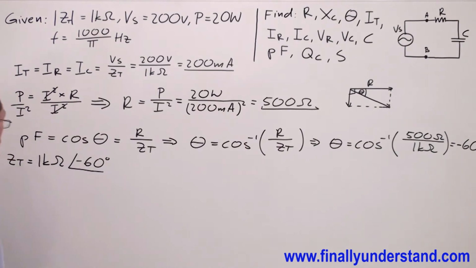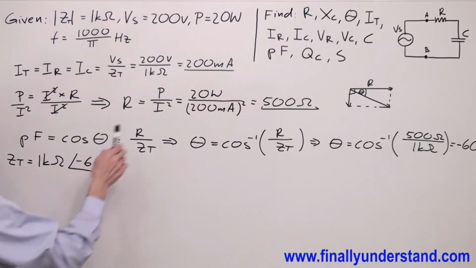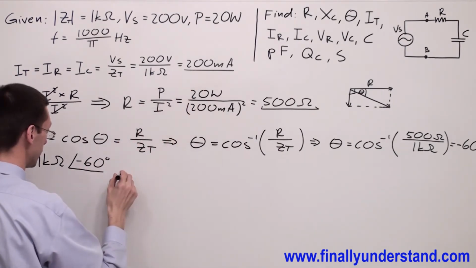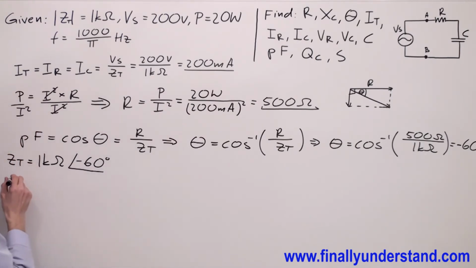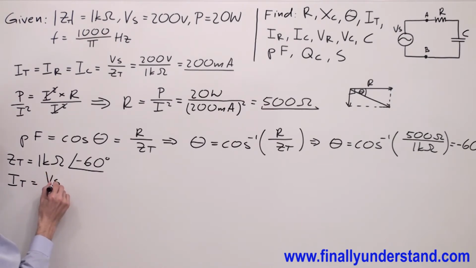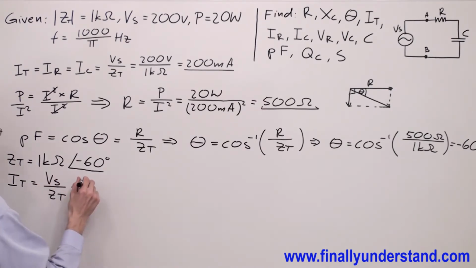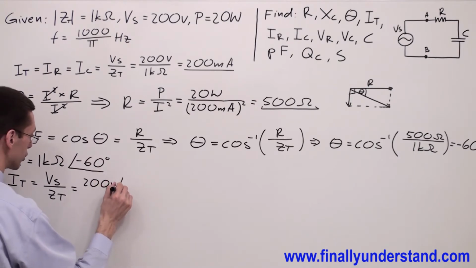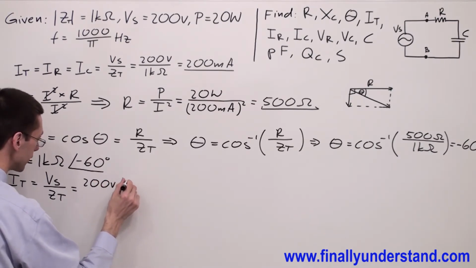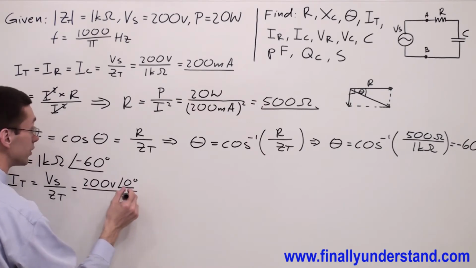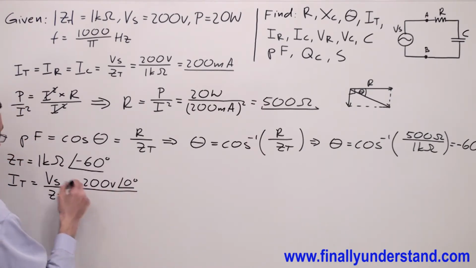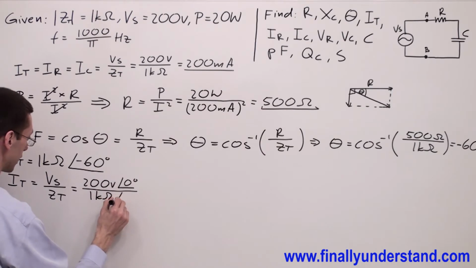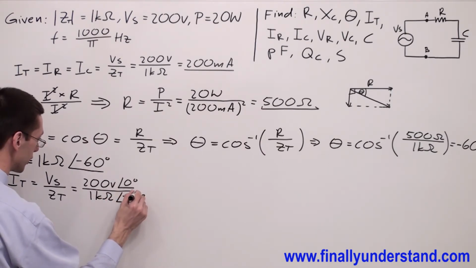Next, we're supposed to fix the situation with the current. So let me write over here. I total is equal to voltage source over Z total. Our voltage source is equal to 200 volts, and anytime an angle is not given, there is an angle of 0 degrees, and Z total is equal to, we said, 1 kilo ohm and an angle of negative 60 degrees.